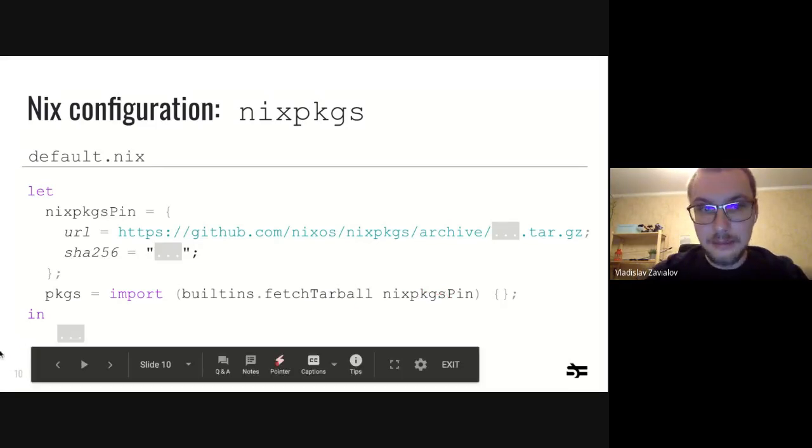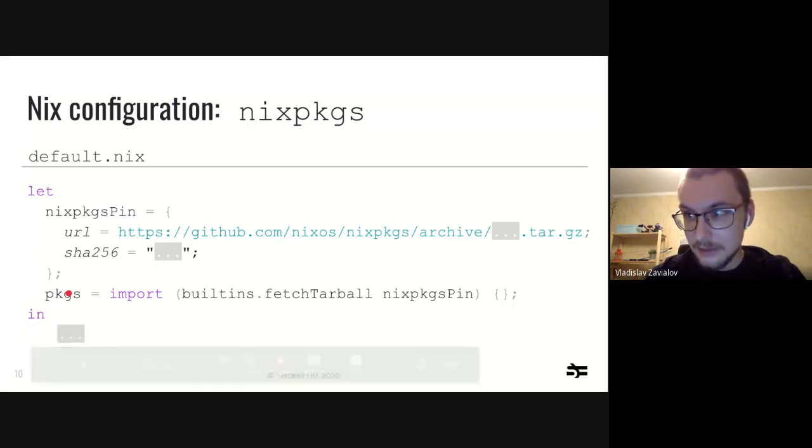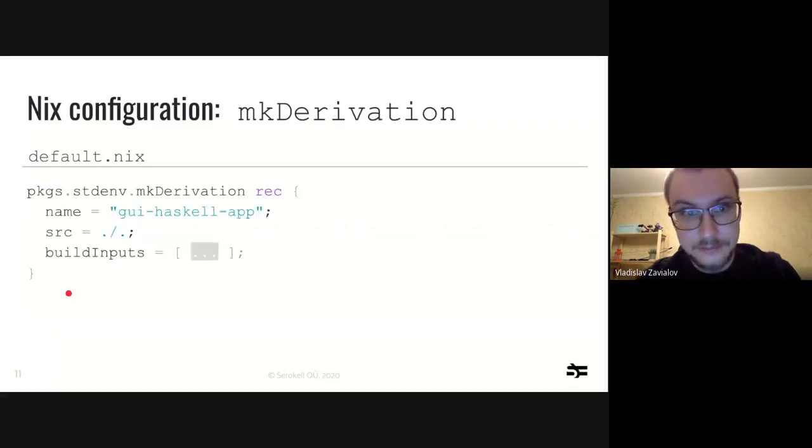So I'll be making use of this packages variable when describing the configuration for my project. And as long as I use it, I will have a predictable, specific choice of dependencies, dependency versions.